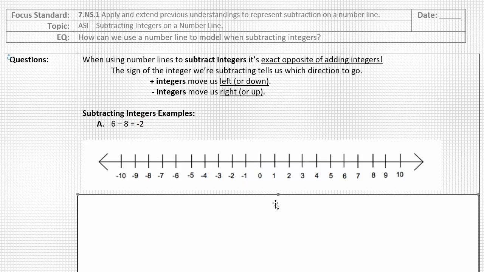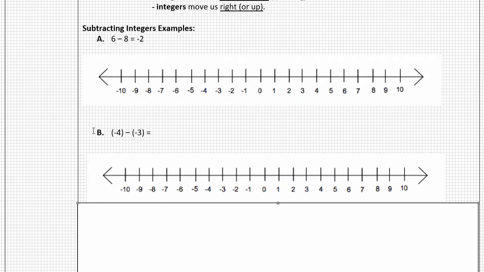Let's try another one. Now we're looking at negative 4 subtract a negative 3. So the first number tells us where to start. We're going to start at negative 4, and we're going to subtract negative 3.